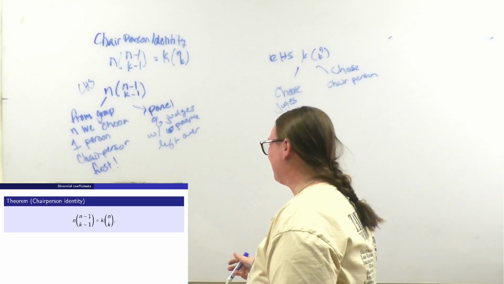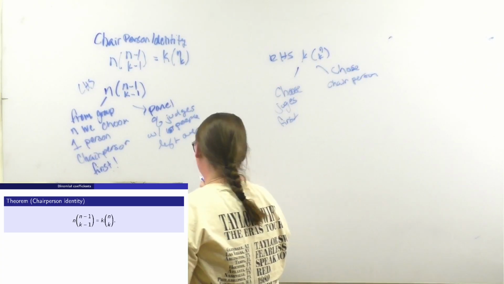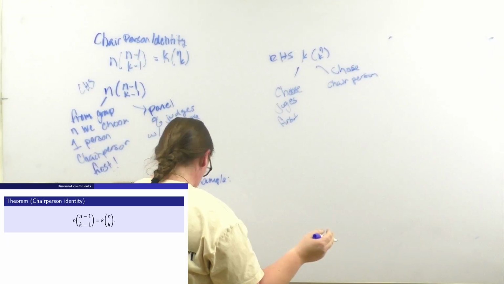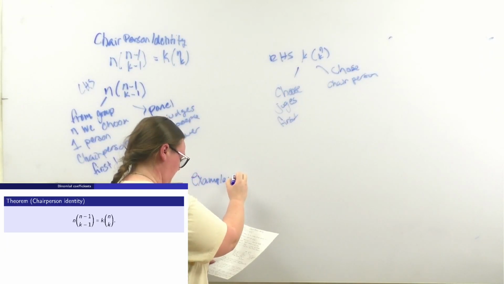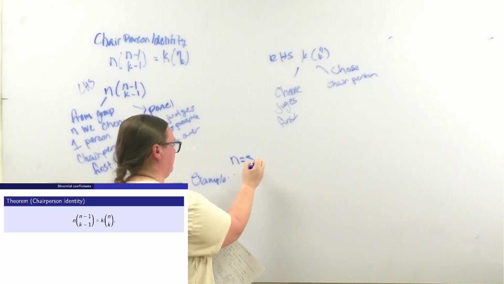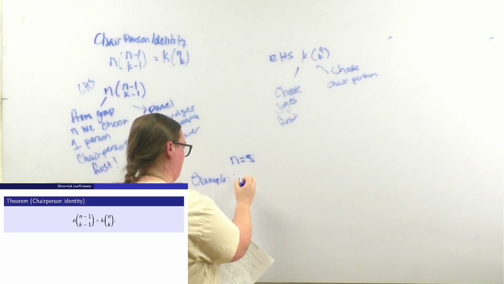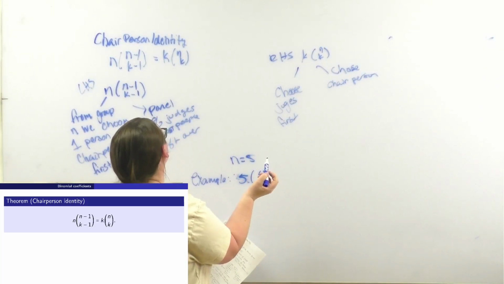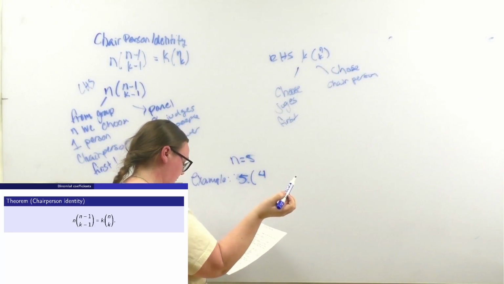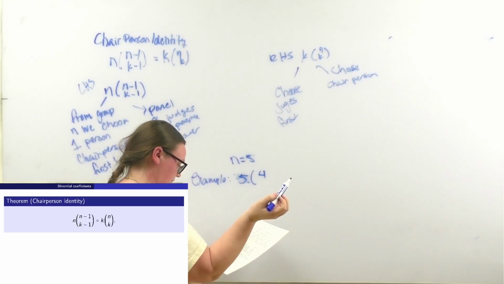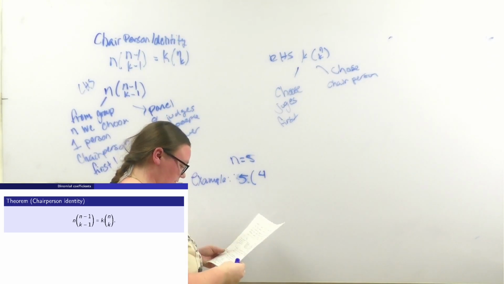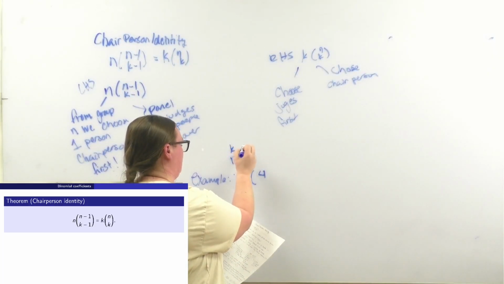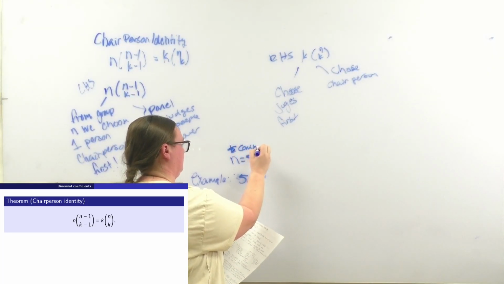So we could do a quick example here. We have a group of 5, so n is going to equal 5. And then we've got n times 5 times 4. And our committee needs to be 3 people.